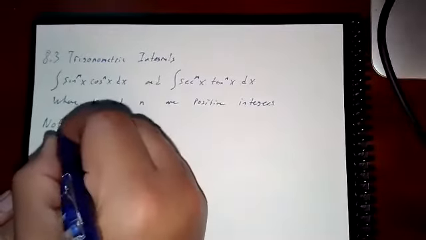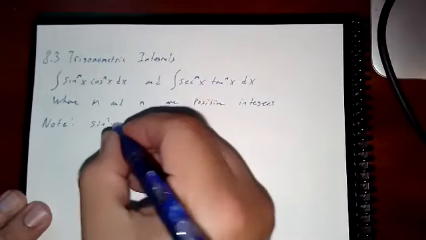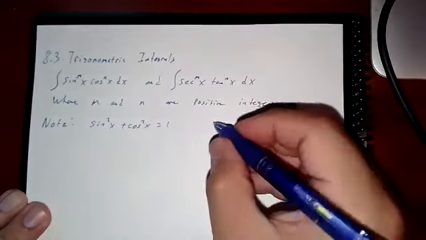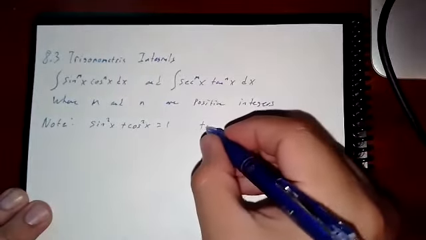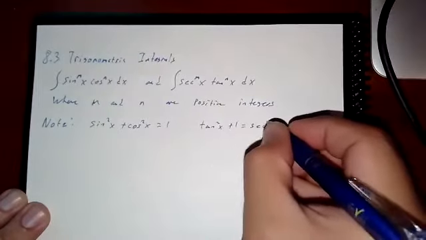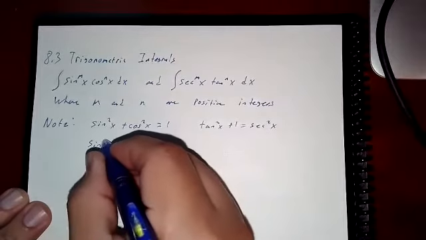So these are identities you're going to need. From pre-cal, you need to remember sine squared x plus cosine squared x is 1. You need to know the tangent version: tangent squared plus 1 is secant squared. You need to know the power reducing formulas.